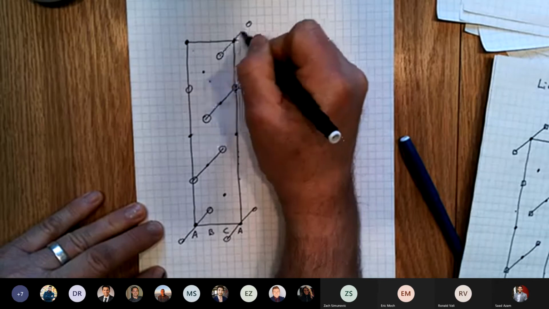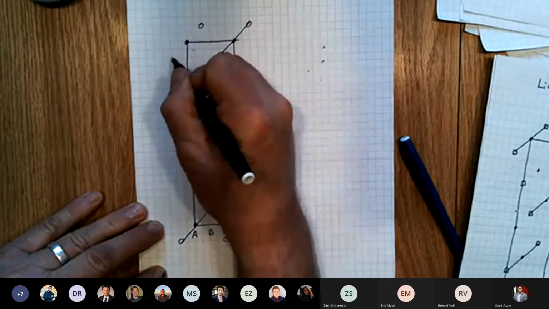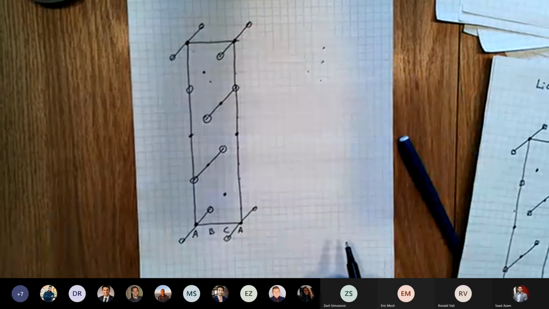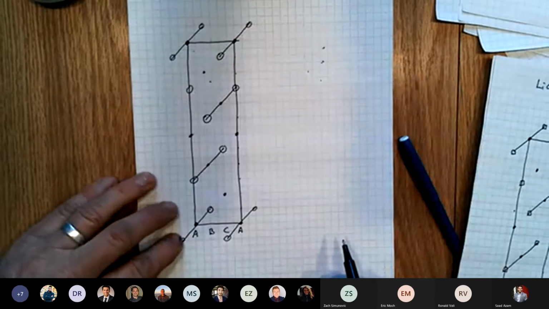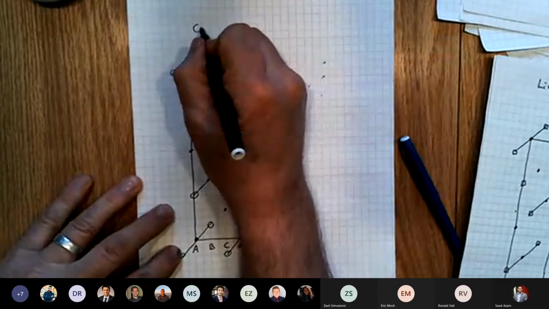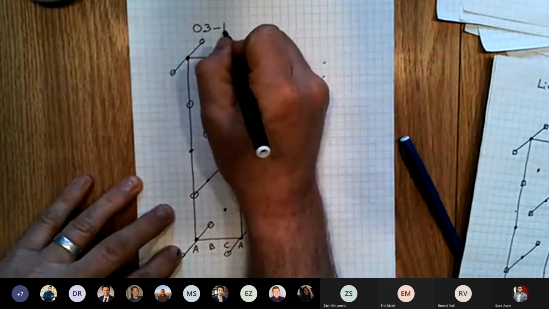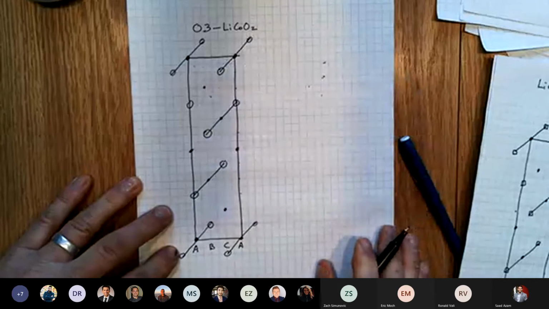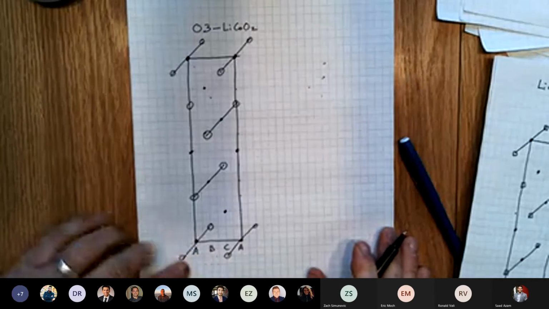We're back to the starting point. So that's what O3 lithium cobalt oxide looks like.